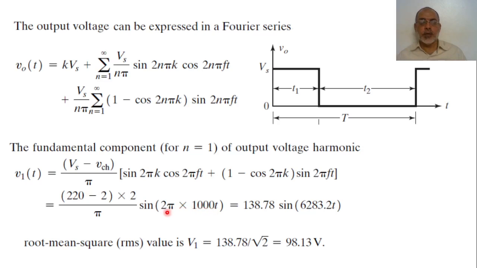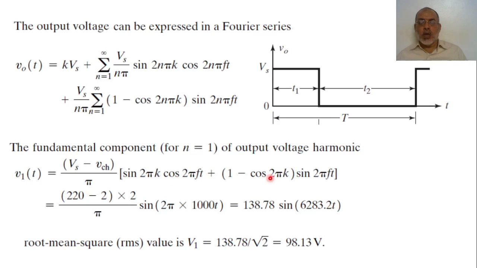So we are talking about this term only. Actually, the value of k is 0.5. So 2 pi multiplied by 0.5 means pi. Sine pi is 0, so this term is 0.